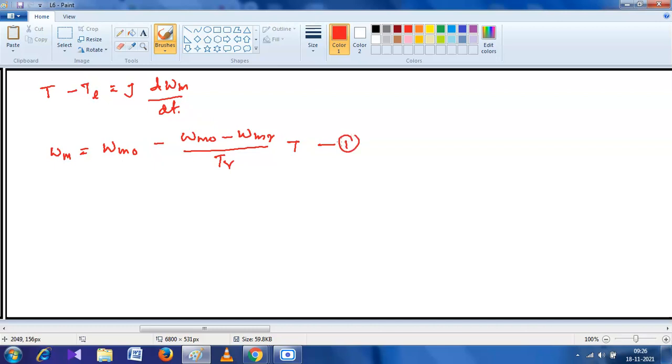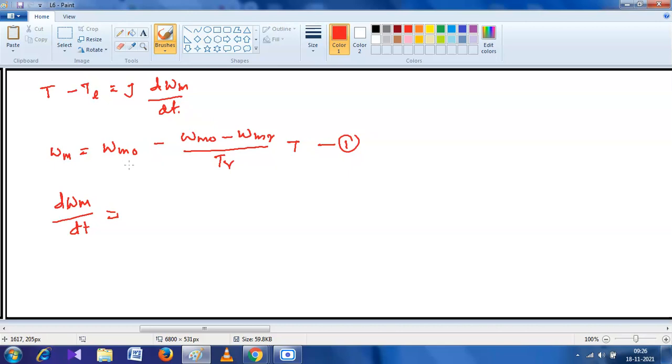After differentiating equation number 1, what do we get? d omega by dt. The omega m0 term should be 0 because it is a constant value.